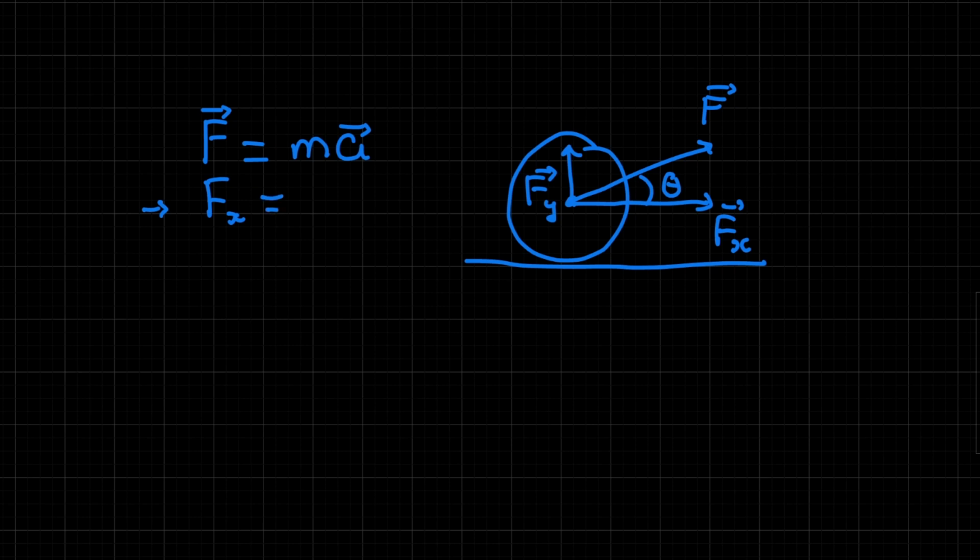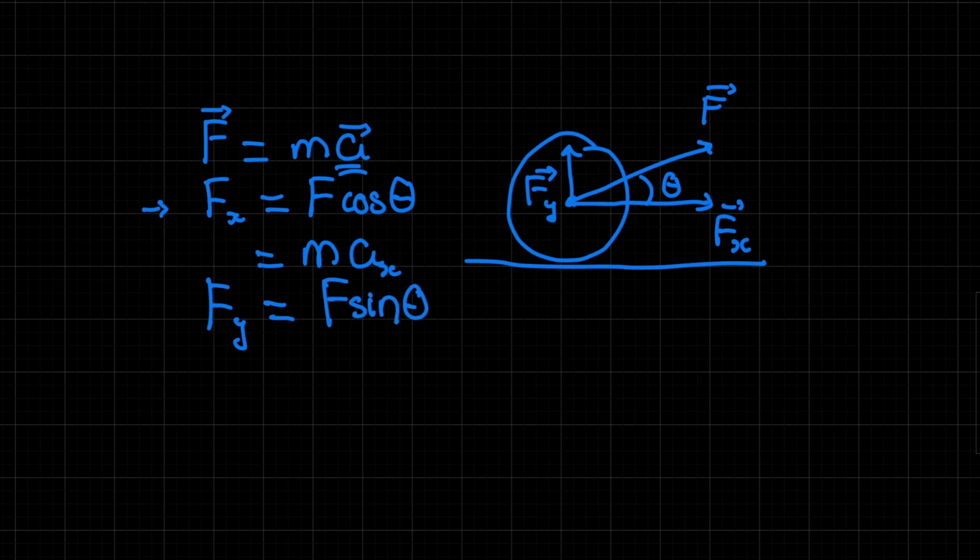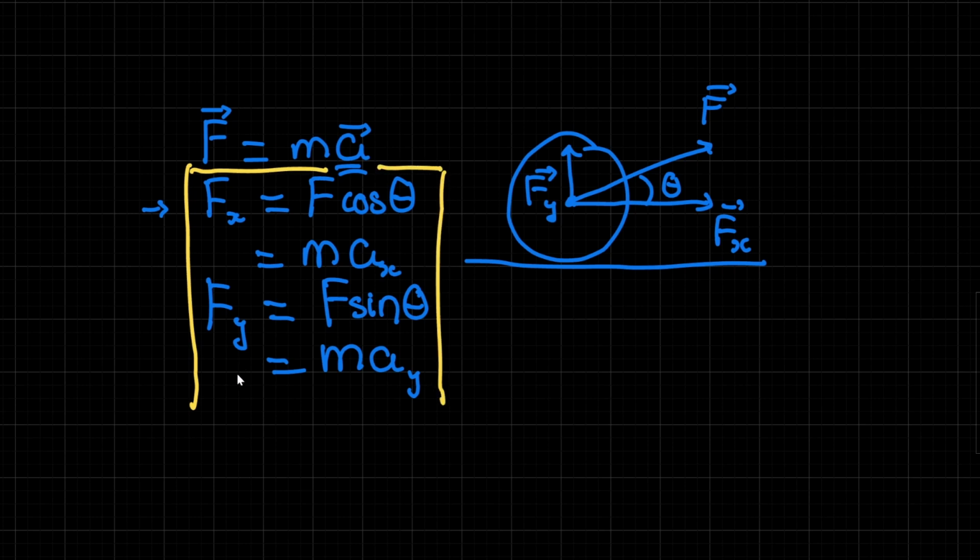So we have Fx equal F cosine theta, as we already know, and also equals, because it is also a vector, m and ax. Also the same with Fy. These are the components of a force in the form of Newton's second law.